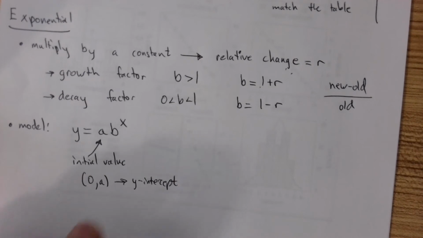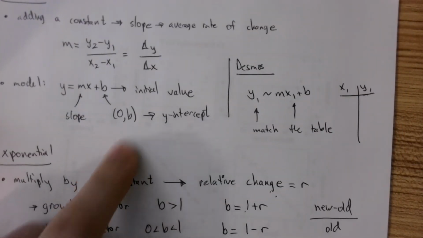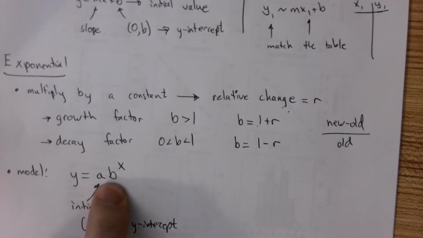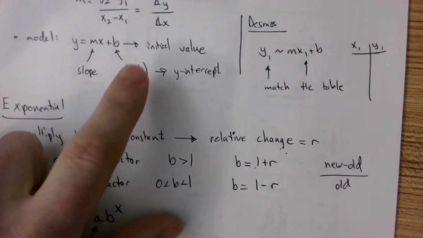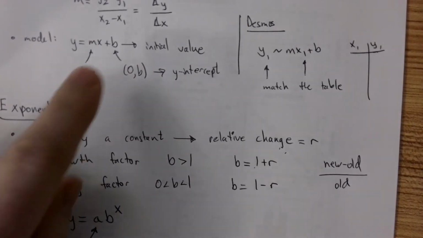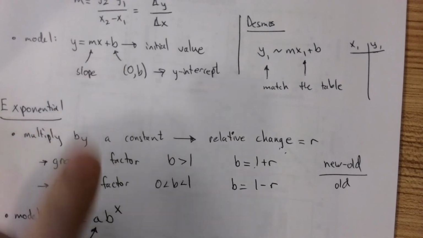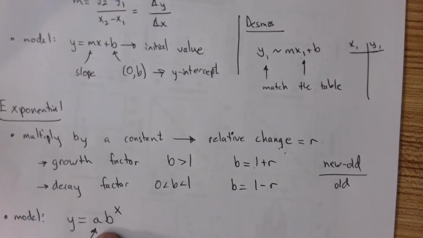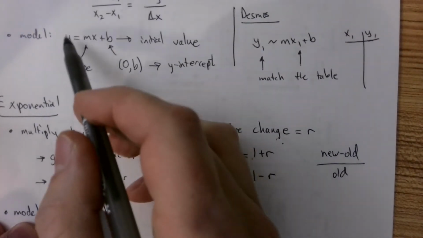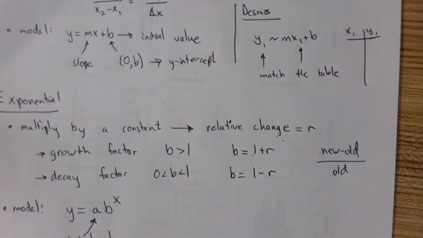Of course, mathematicians are jerks because we use b as the growth factor here, but over there we used b as the initial value for a linear function. So be careful with that, making sure you keep track of if it's linear, the b is totally different than if it's exponential. Really, b and m are the similar concepts in terms of what's happening in the model.